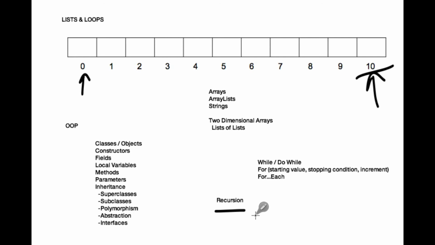So if your stopping condition, say, is some variable x is less than 0, then you better make sure that x starts out above 0, and that x in the recursive call decreases. Right? If x increases in the recursive call, you move away from the stopping condition, and your program will crash. Okay.